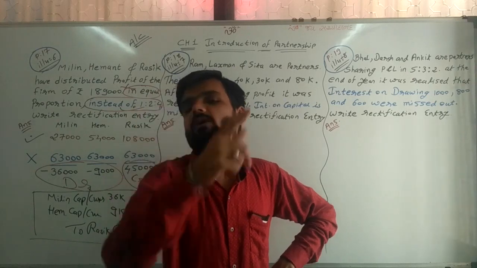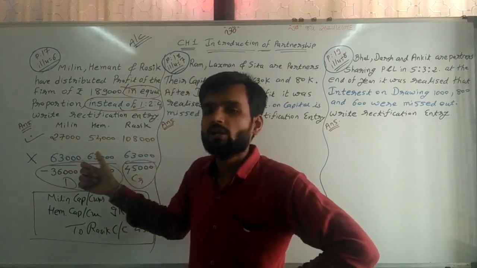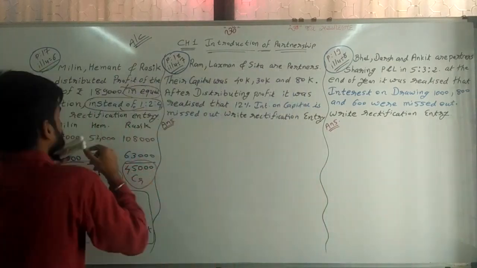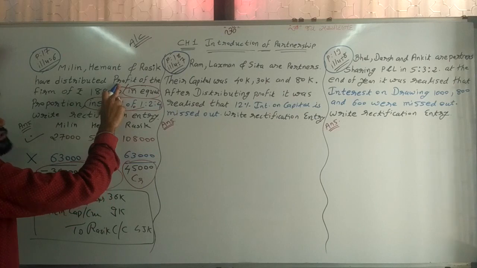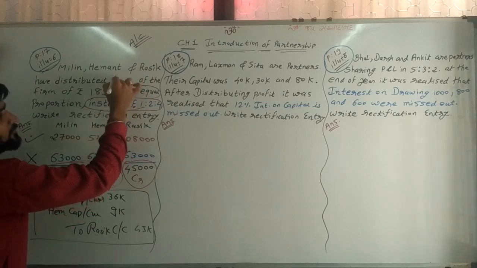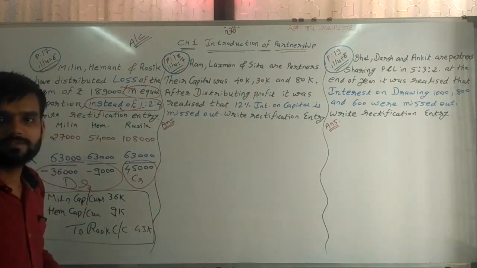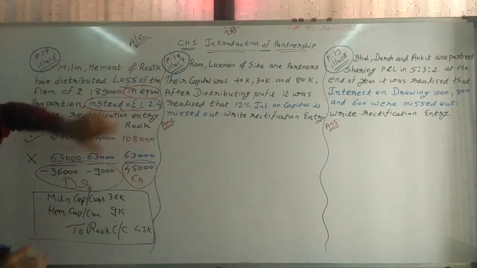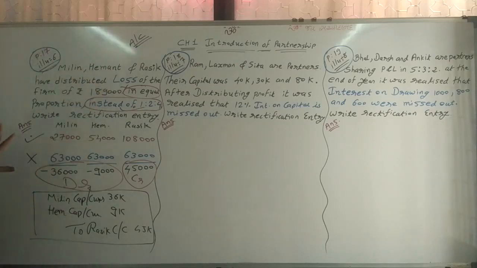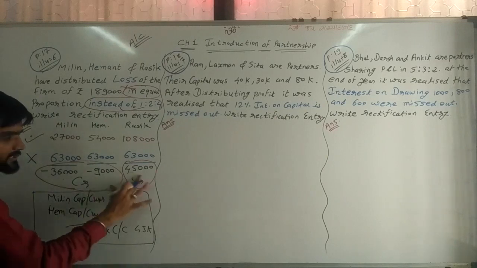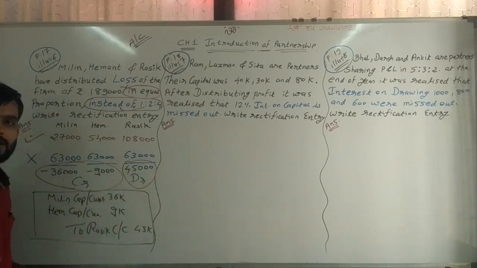But I can make a second question on this basis. Here what I am doing, only I am changing profit. Instead of profit, I can write loss here. And in this question, if loss is there, then calculation remains same. But instead of debit, we are doing credit. And here instead of credit, we are doing debit.